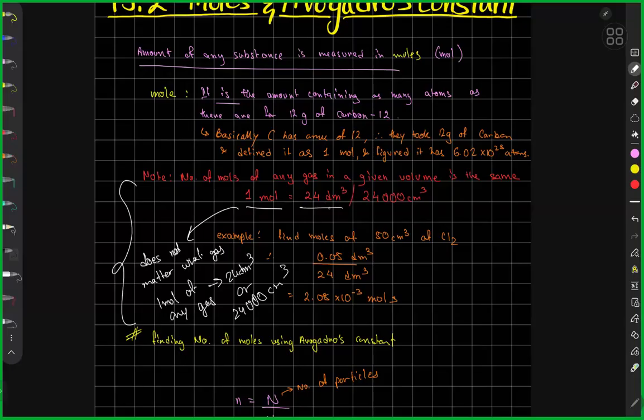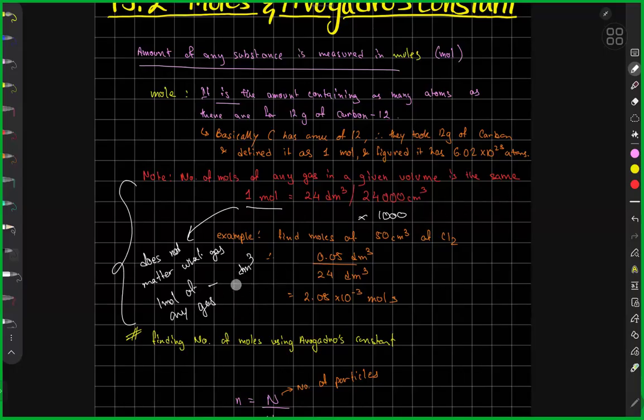Okay. So this is the conversion between dm cube and cm cube, multiplied by 1,000. So this is the volume that any given gas worth 1 mole of atoms will occupy. That is 6.02 into 10 to the power 23 atoms. Okay.